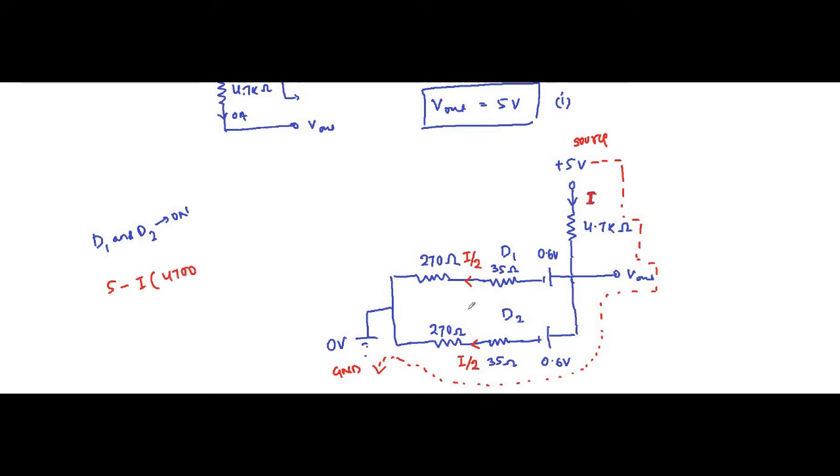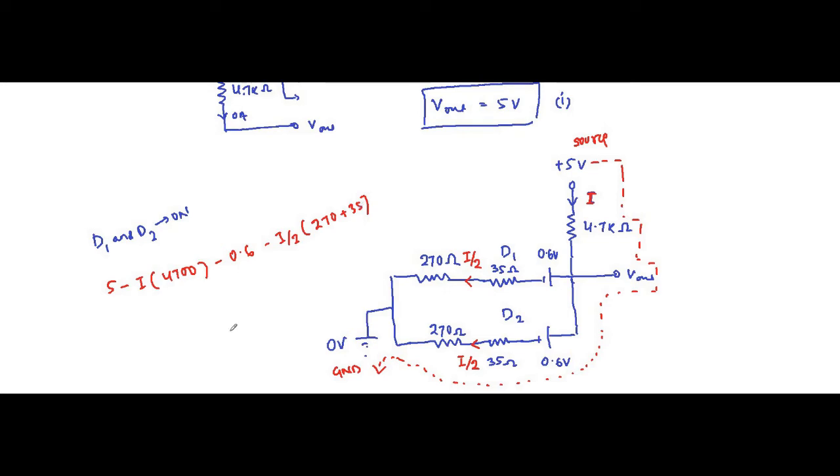I am converting into ohms because the remaining resistances are in ohms. Then minus 0.6, which is this, then minus I by 2 into 270 ohm plus 35 ohm. This is the KVL equation.